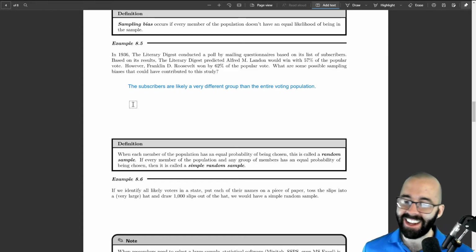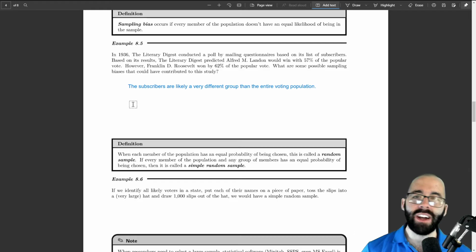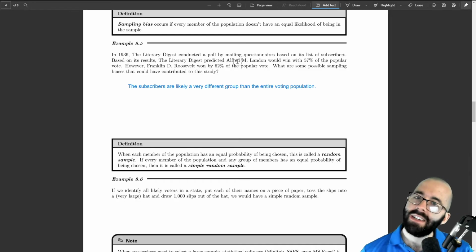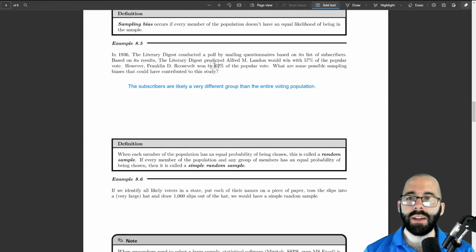I don't know about the Literary Digest in 1936, but maybe that's what it was. Maybe there are certain politics. Maybe they're Landonites. What would the world have looked like if he won? Anyway, that is a possible sampling bias.